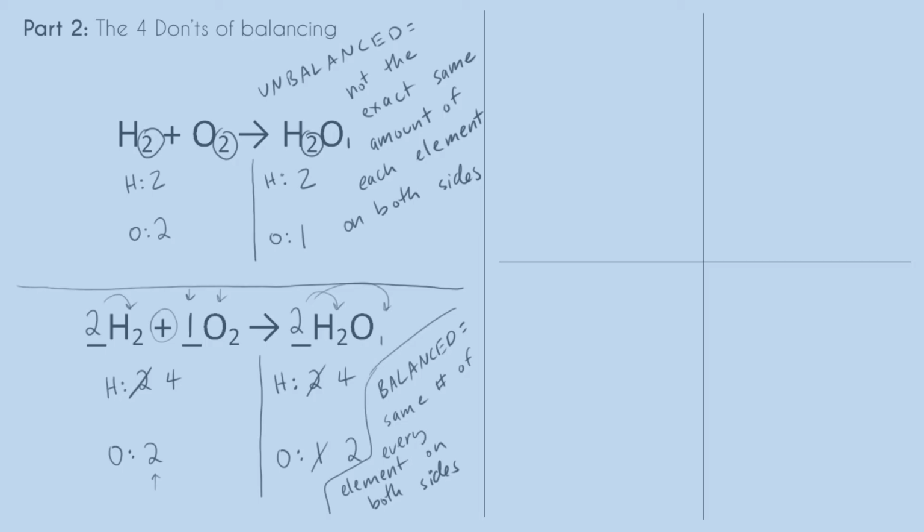All right, so now let's learn some things that we definitely can't do in these problems. Number 1, don't change your subscripts. So again, let's rewrite how this problem begins. For students starting out balancing, it can be really tempting to go, oh, okay, I need to make this even, so I'm just going to add a 2 right here.